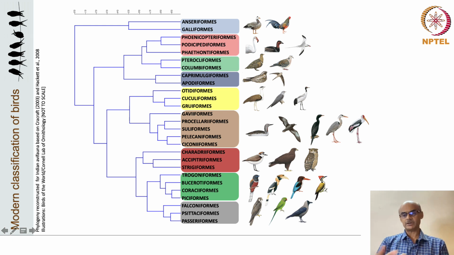That's why they are also called songbirds. Most of the common birds, urban birds and birds in the agro-ecosystem that we see every day actually belong to the Passeriformes, the so called songbirds, or passerines, or perching birds.